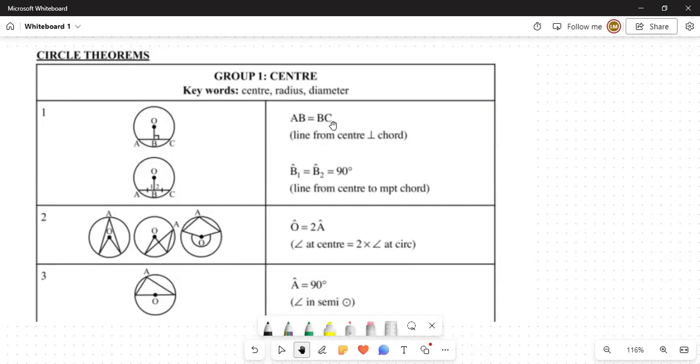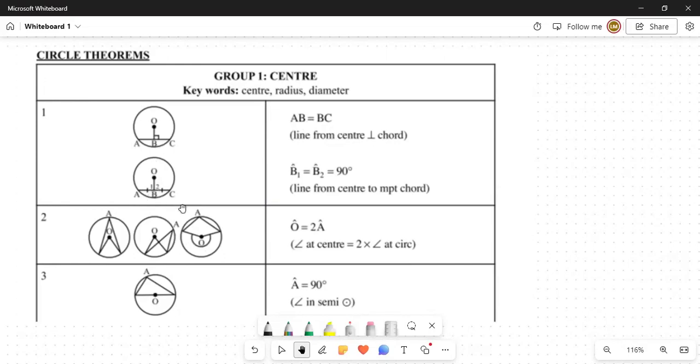The first one is that a line passing through your center and perpendicular to the chord will cut the chord in two. So it must cut it perpendicularly to cut it into two equal parts.